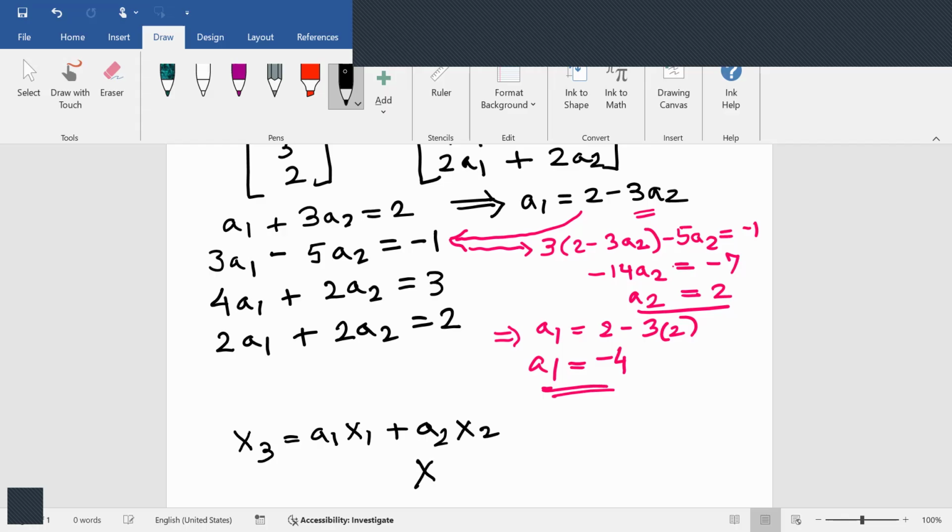This gives me x3 is equal to minus 4x1 plus 2x2.